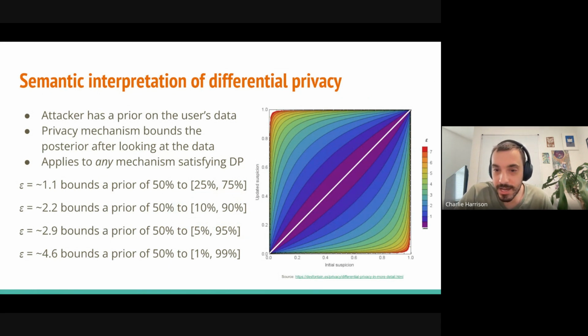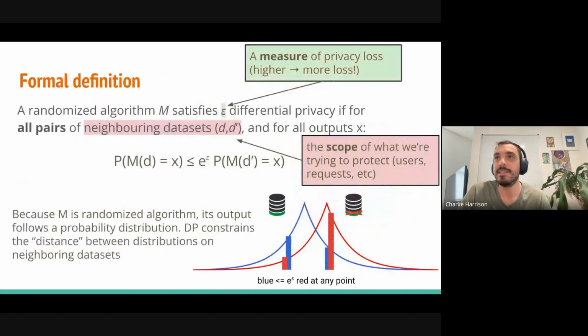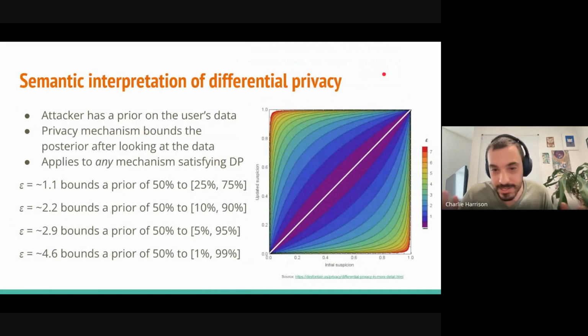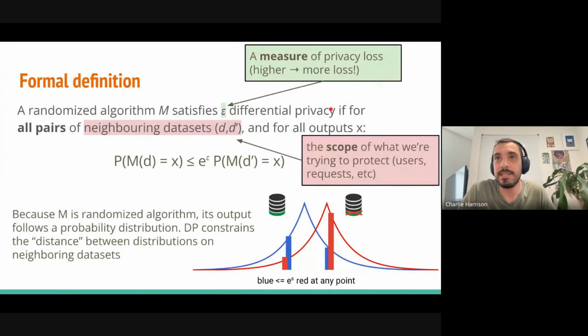Yes, Michael, higher epsilon is less private. Higher epsilon is more privacy loss. So yes, exactly. And basically, as epsilon goes towards 0, what you're saying is that the probability of any output is equal no matter what the input is.